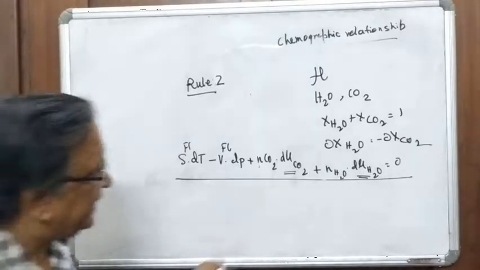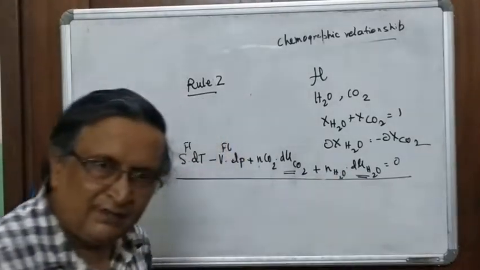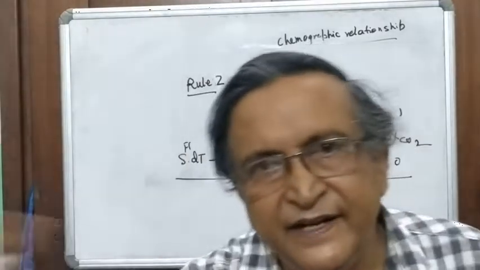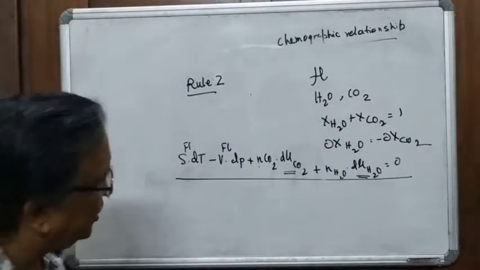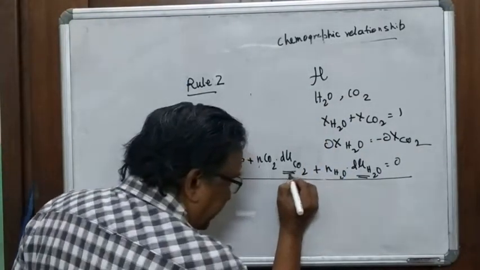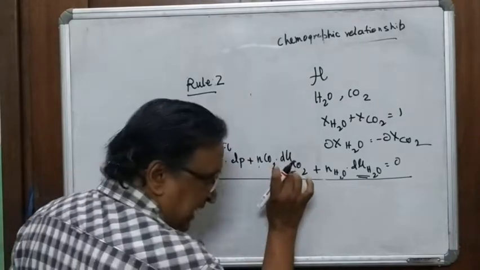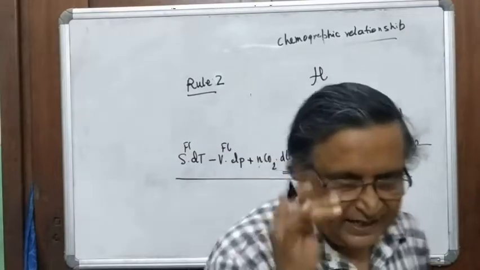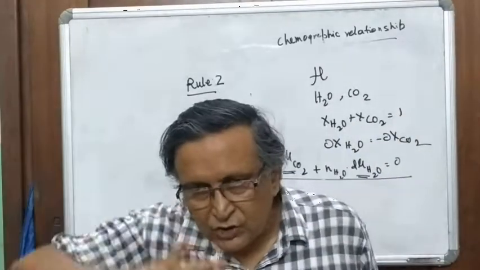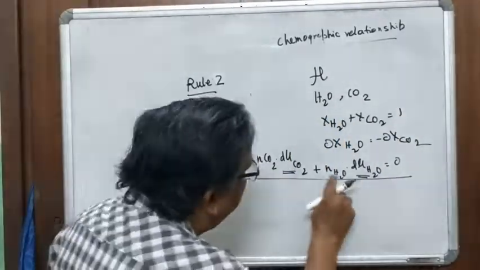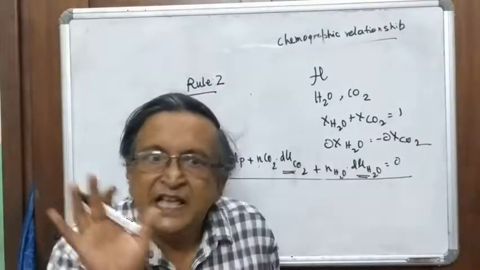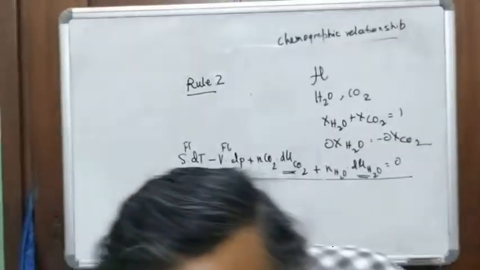If they can't vary, they are constants, so the derivatives are 0. If your components are externally controlled and that external source does not allow them to change, then both mu H2O and mu CO2 in the fluid, their values don't change.